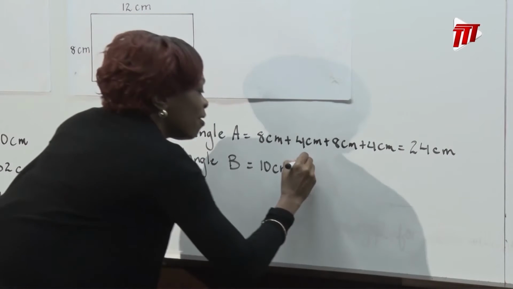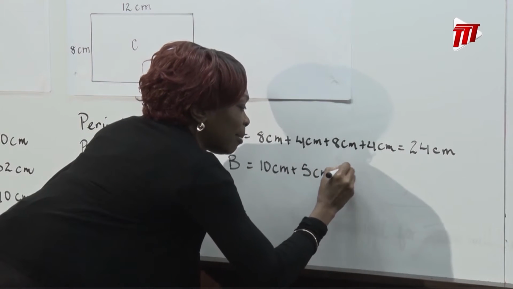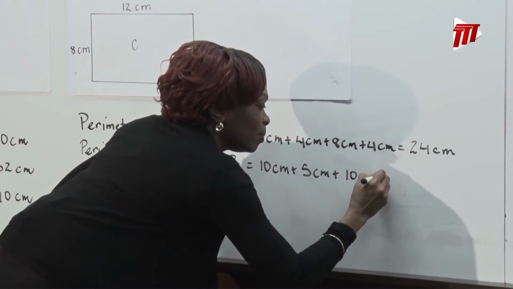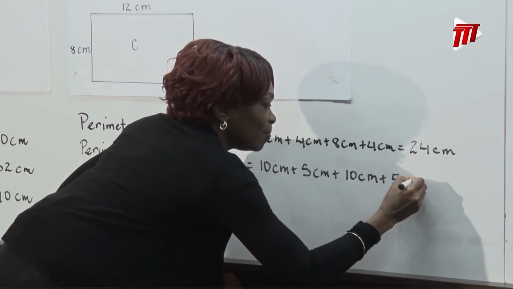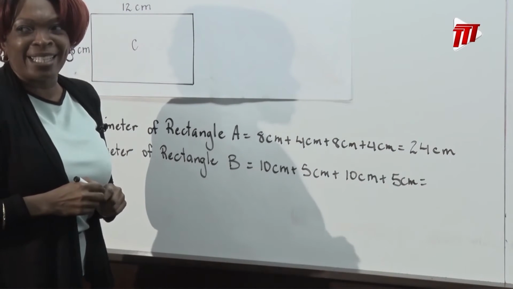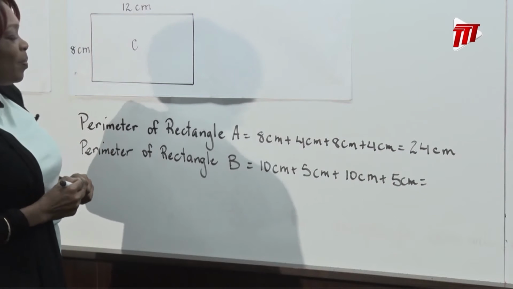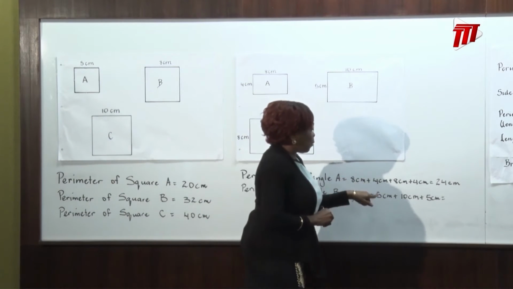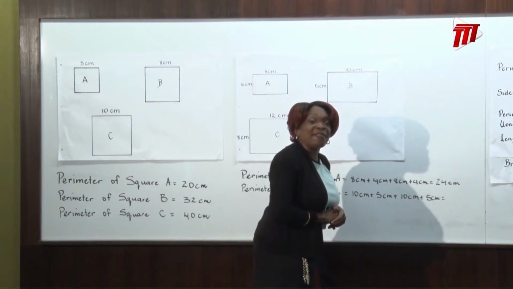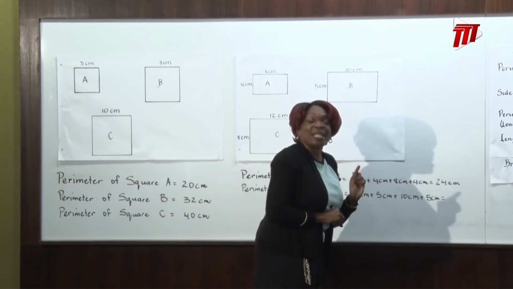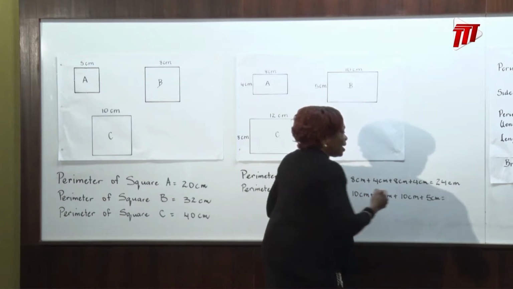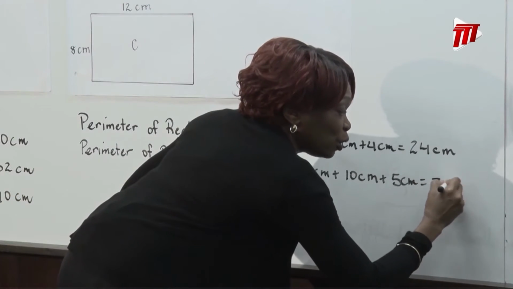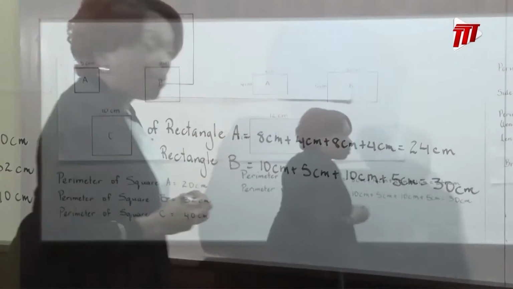What's the breadth? 5 centimeters. So, are you seeing what I'm doing? I know somebody already has the answer, but let's add it up. 10 centimeters add 5 centimeters will give us 15 centimeters. 15 centimeters add 10 centimeters, 25 centimeters. 25 centimeters add 5 centimeters, 30 centimeters. Did you get that, children? I hope so.